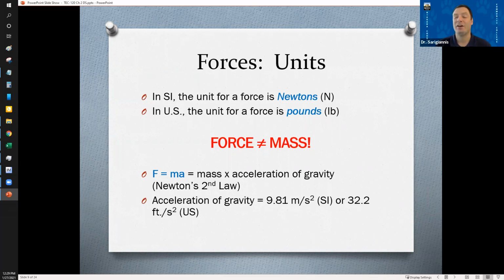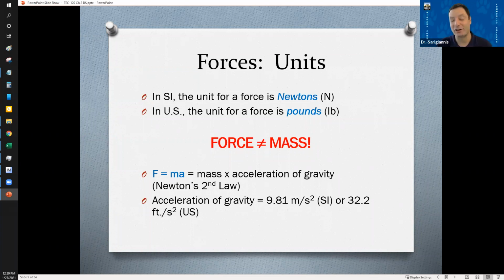This is why I think people have this problem, because in the English units, we say pounds. We use pounds for both mass and force, which is not really, we don't differentiate.